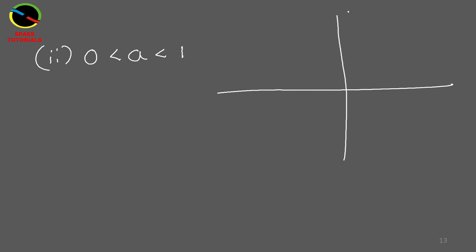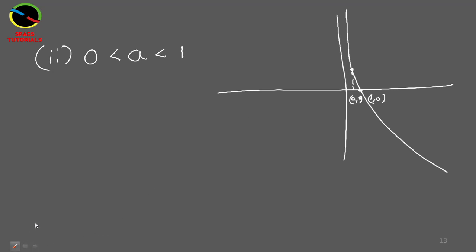So the second case, that is 0 less than a less than 1. How is the graph going to be? The graph is going to be something like this. This point is 1 comma 0, and this is something we can say a comma 0.